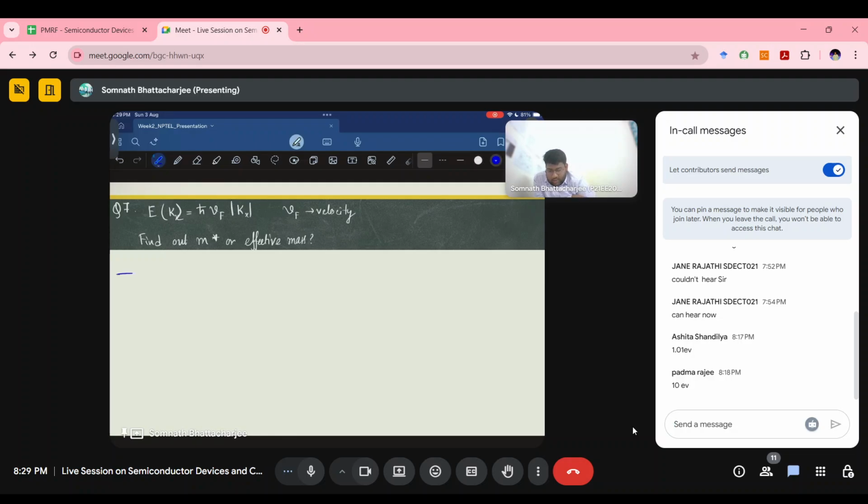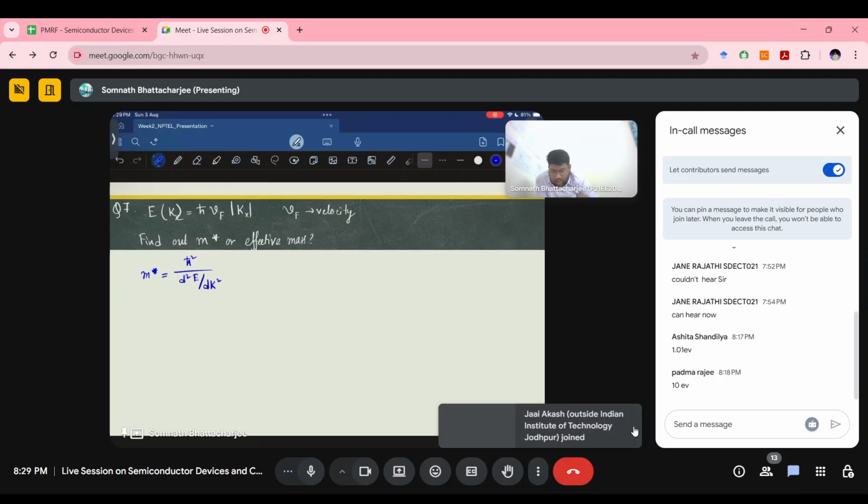Try to get this. So to make it simpler, we know M star is H cut square by D2E by dk square. What is the value of this?